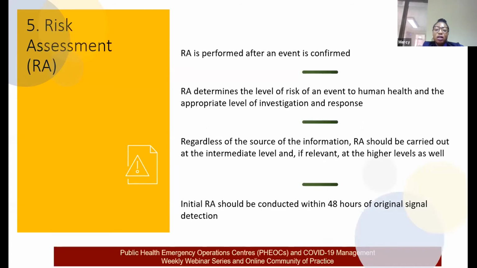If the intermediate level doesn't have the capacity, then the national level should also go down to support. And we always advise that during this process, the lower levels are also consulted, because they are the people with more of the information. Next slide, please.